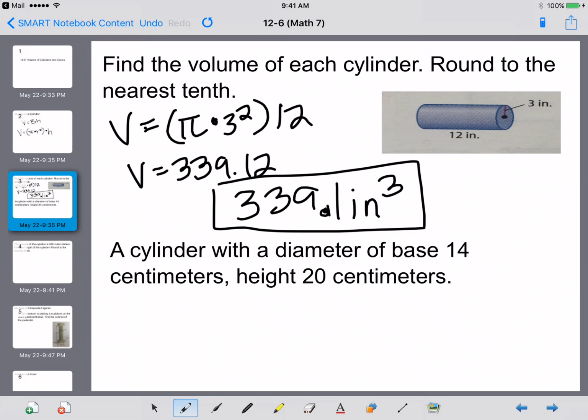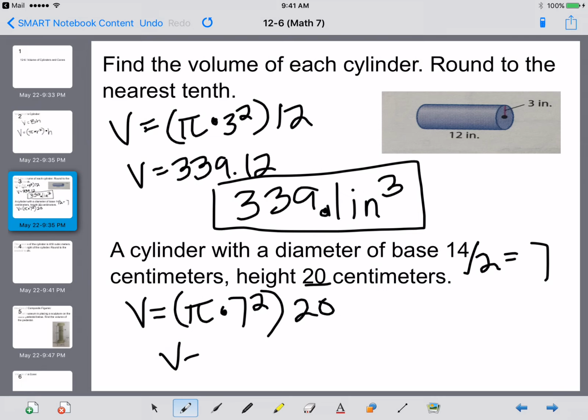So it says a cylinder with a diameter of base 14 centimeters and a height of 20 centimeters. When we're figuring out our area, we need the radius, so we're going to divide our diameter by 2 to get 7. So our volume is pi times 7 squared times our height of 20.